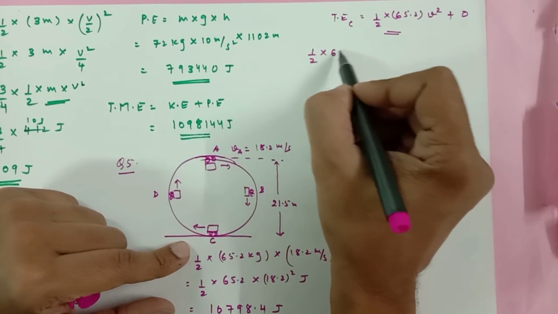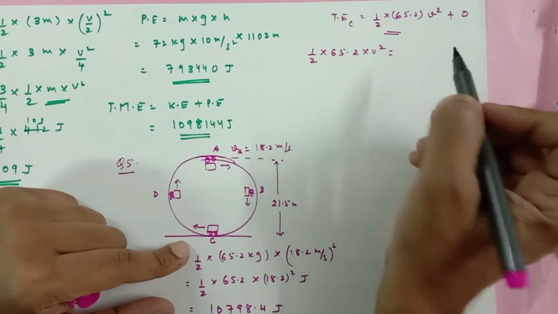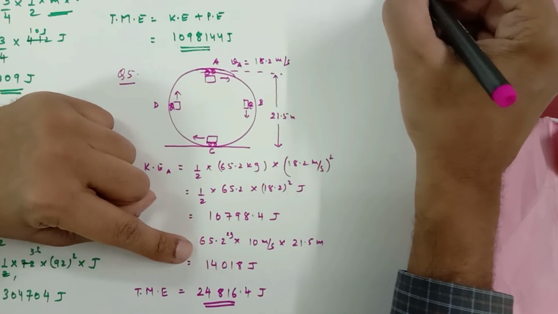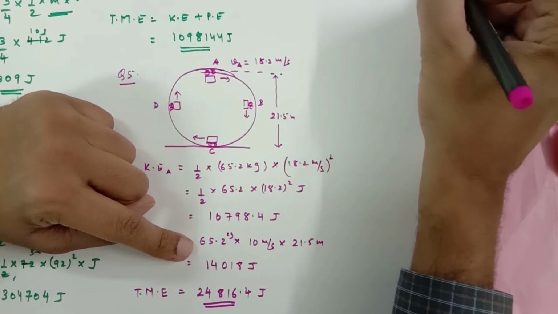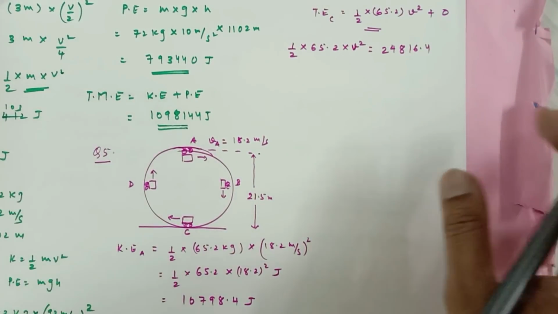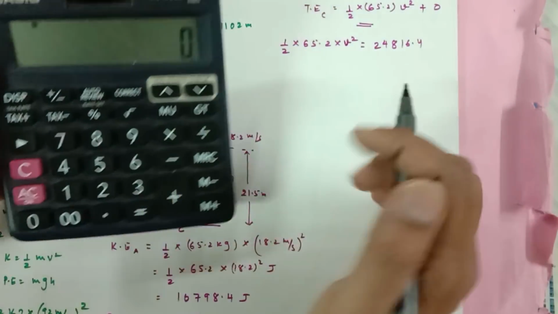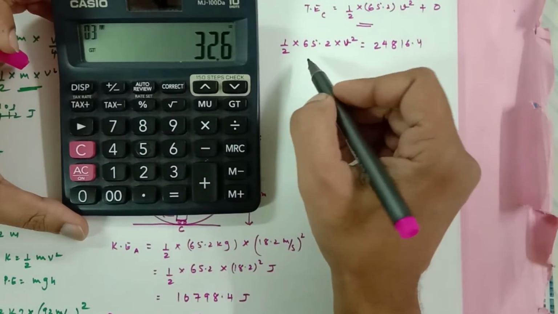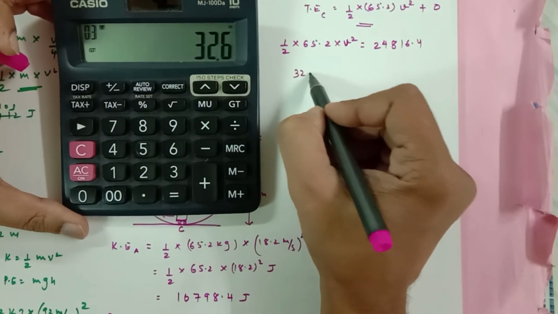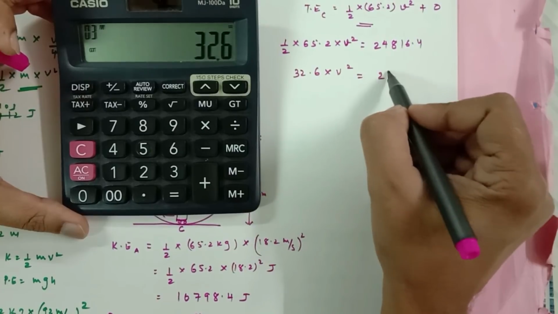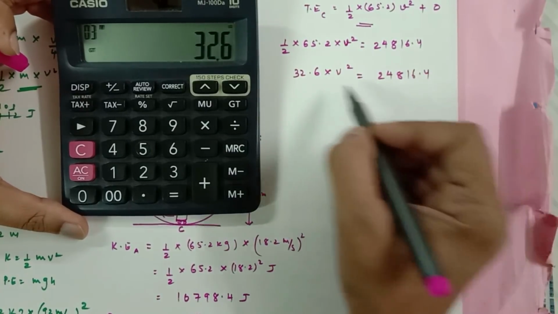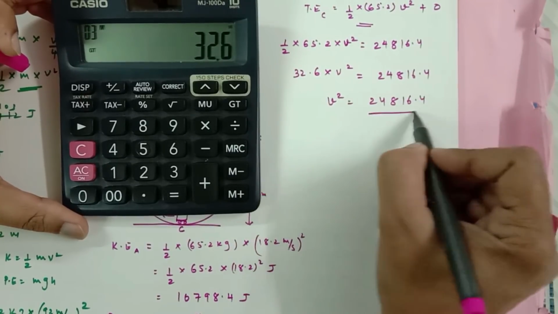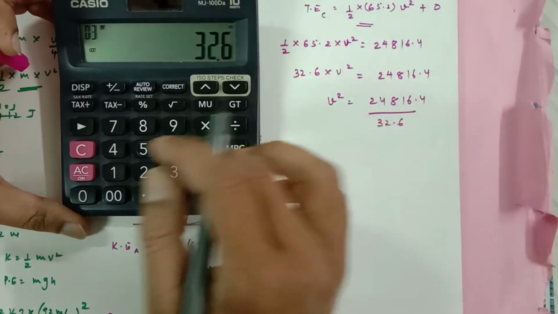So half into 65.2 into v square, that is equal to 24816.4. So now let me use the calculator again to find out the answer. So 65.2 divided by 2 is 32.6. So this part is 32.6 into v square, that is 24816.4. Now this would be in division, so v square is 24816.4 upon 32.6.